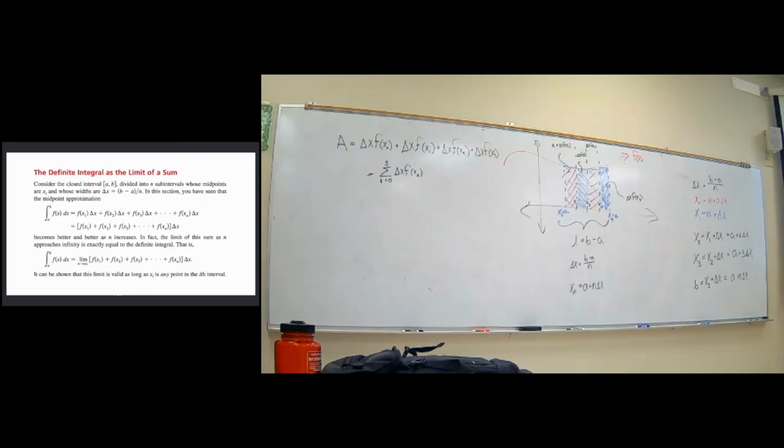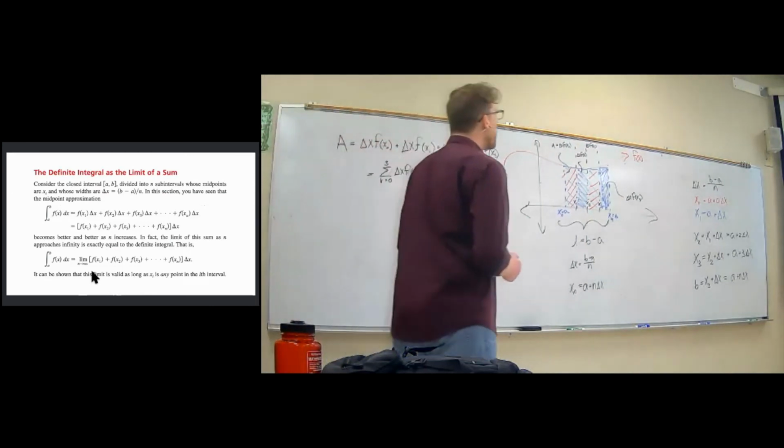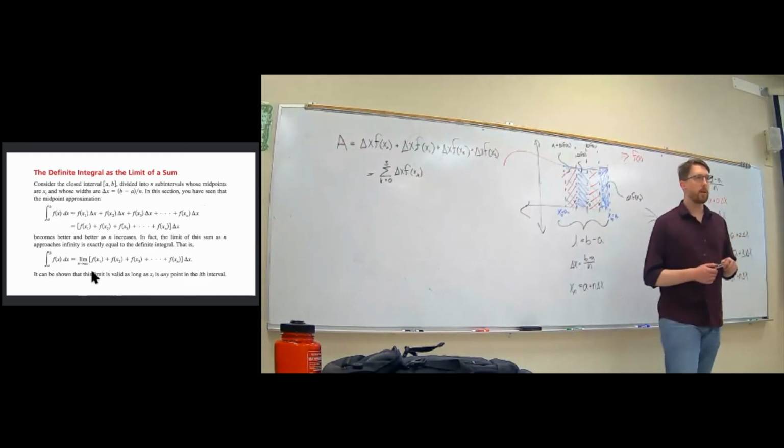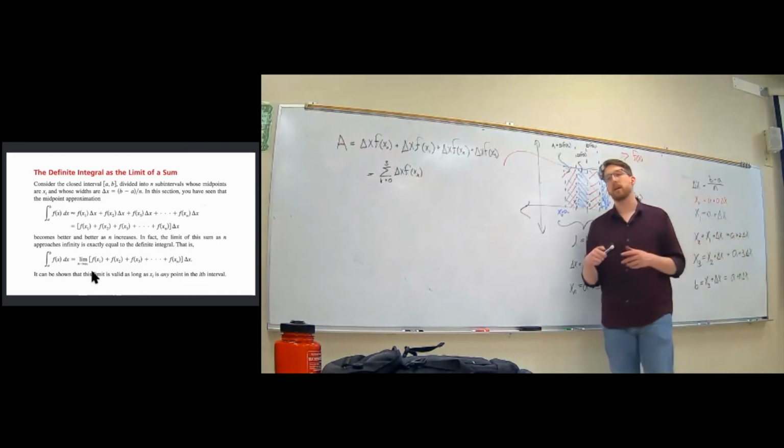So what this is ultimately telling us, though, is that the definite integral is the limit of a sum. And in that same way, it's somehow telling us something about the integral too, right? Somehow these things are all related again.